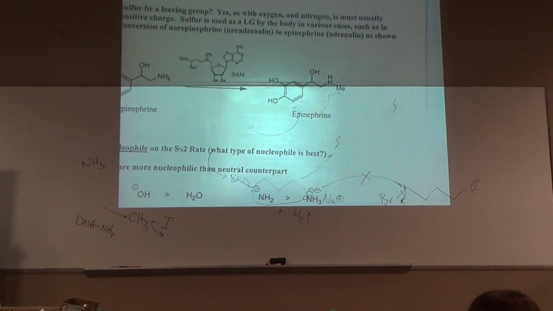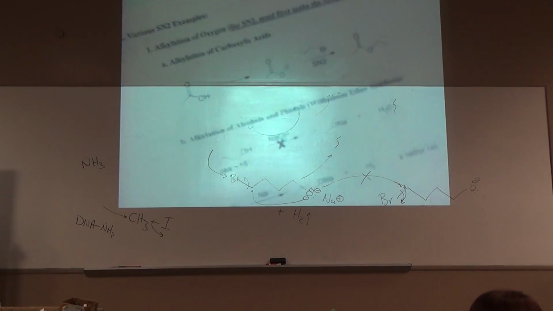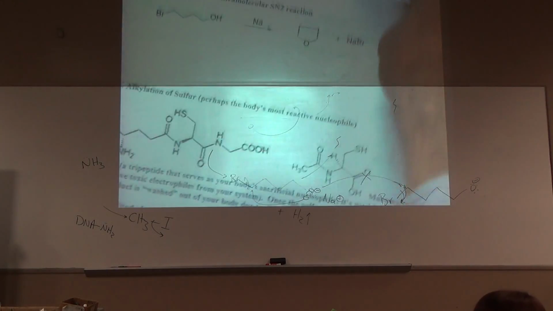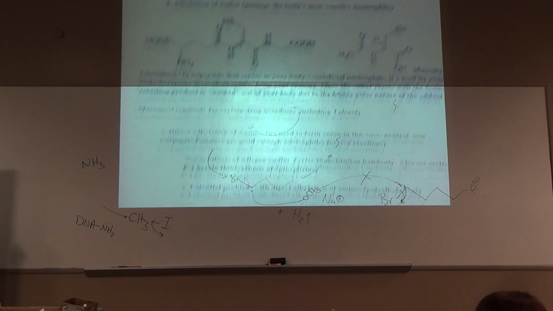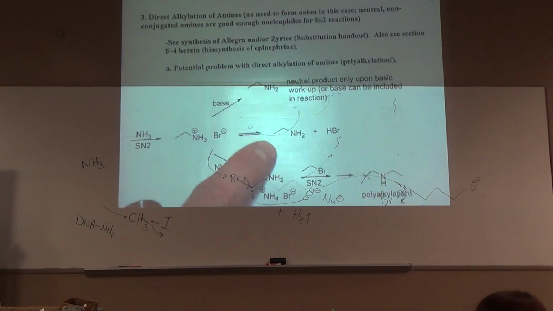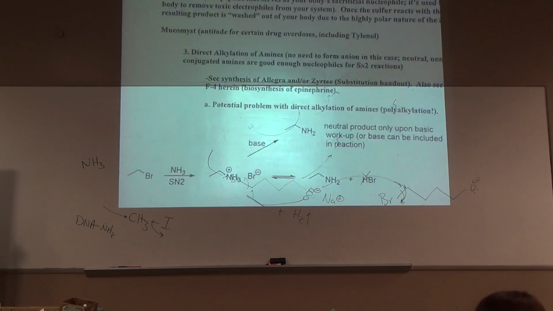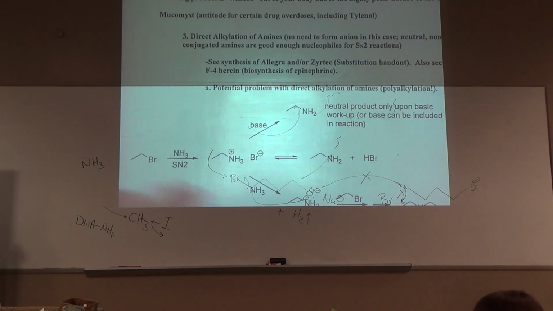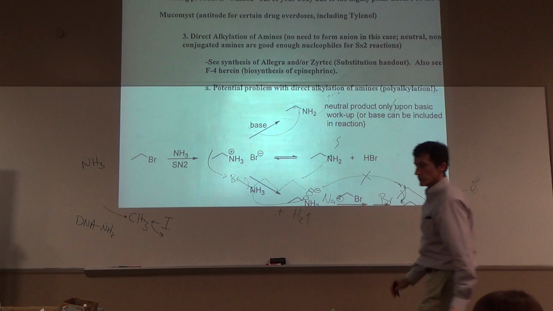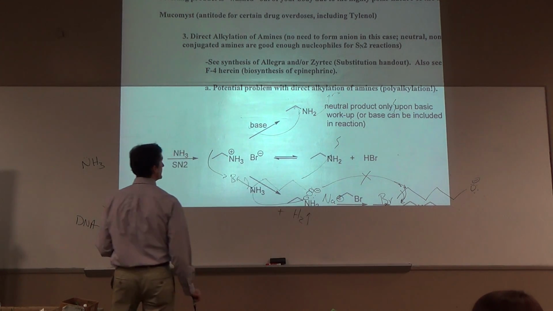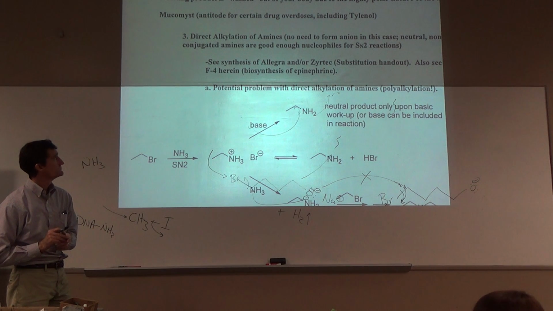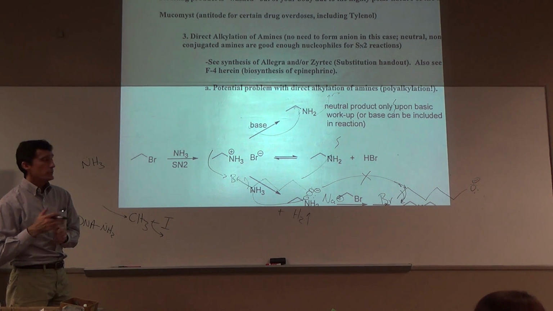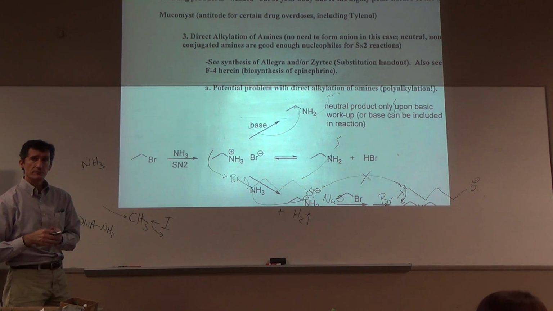Now, you can do that reaction, as we just showed with that Allegra or Zyrtec, whichever one it was. However, you do have potential problems putting another alkyl group on the nitrogen.